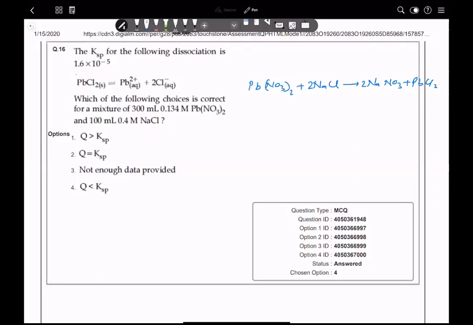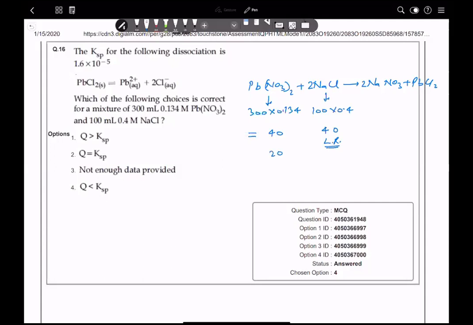Lead nitrate is 300 ml of 0.134 M, and this is 100 ml of 0.4 M. If you check the number of millimoles, it comes out to be approximately 40, and this one is also approximately 40. So with this you can say that NaCl must be the limiting reagent.